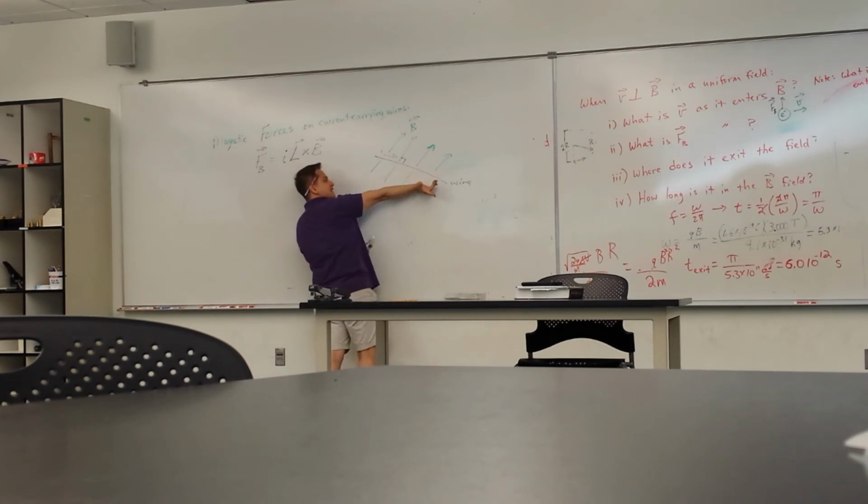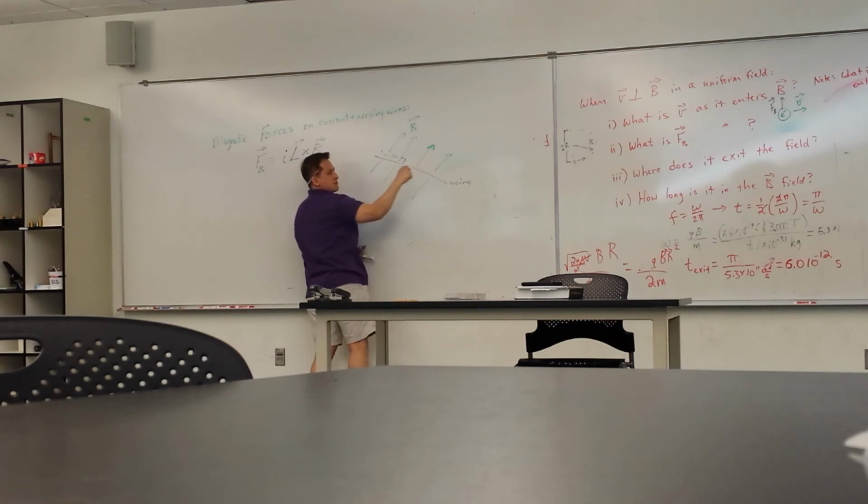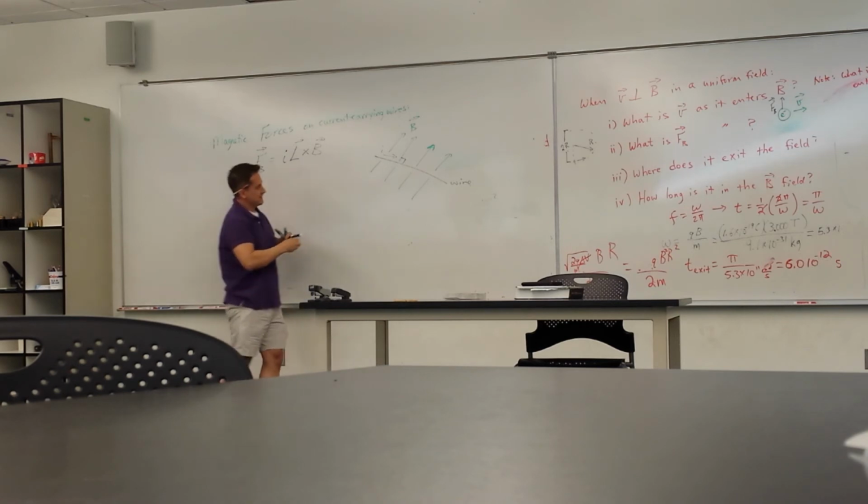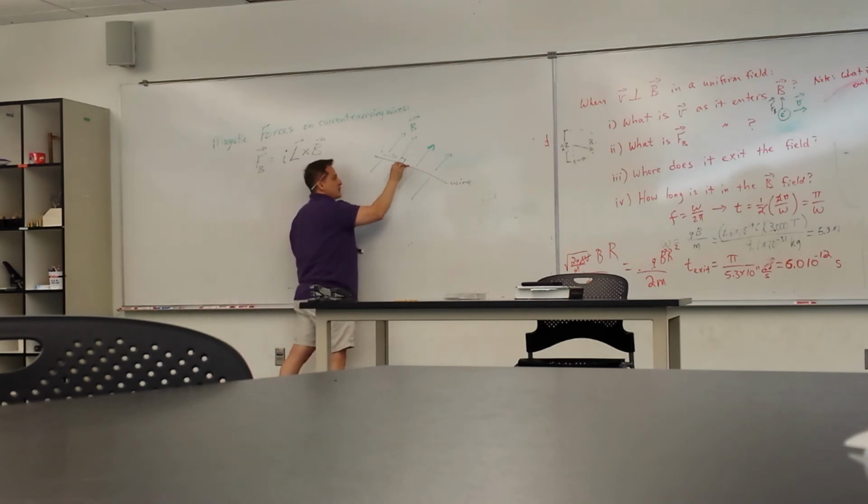This way, this way. There we go. Got it. The magnetic force would be coming out like this. Okay, so the magnetic force then would be coming out like this. Again, 90-degree angle to everything involved.